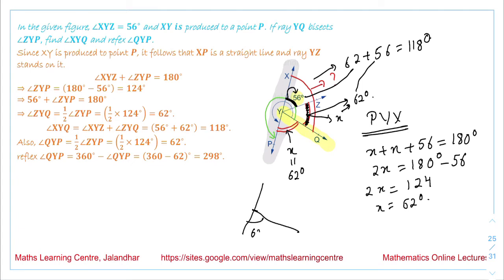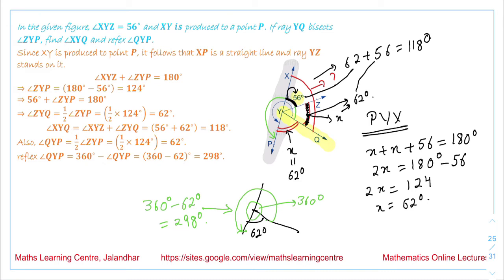This angle is given to be 62 degrees, and the whole angle is 360 degrees. So this angle will be 360 minus 62, that is equal to 298 degrees.